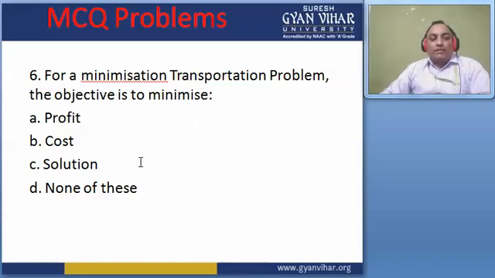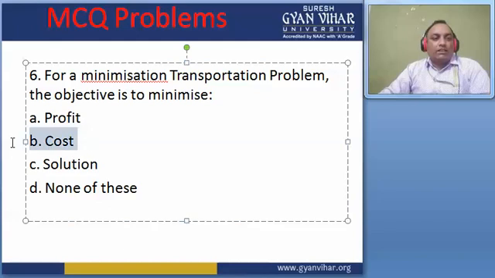Wait and think about this question. For the minimization transportation problem, the objective function is to minimize the cost. This is the right answer. Minimize the cost, right?